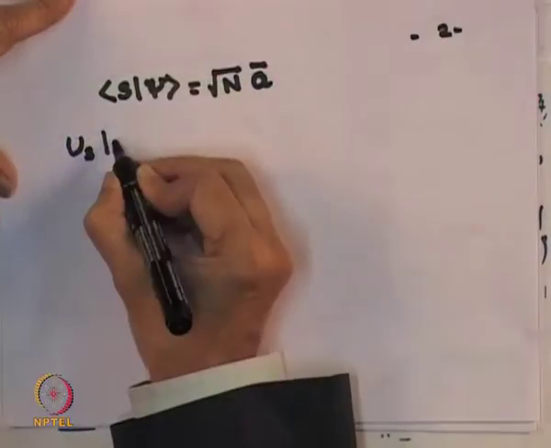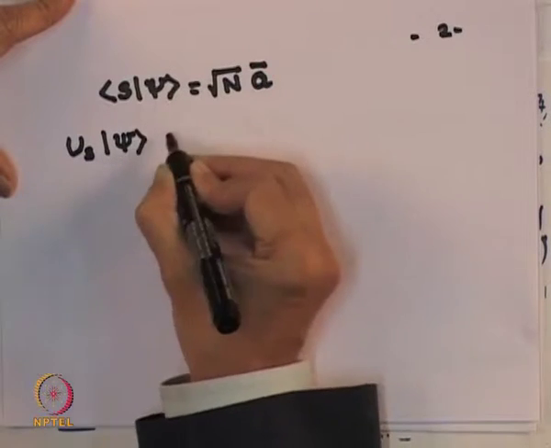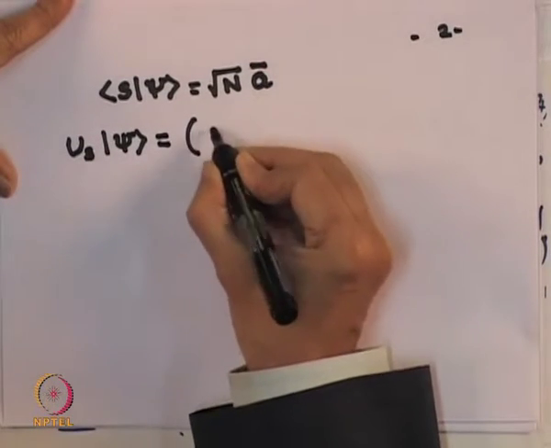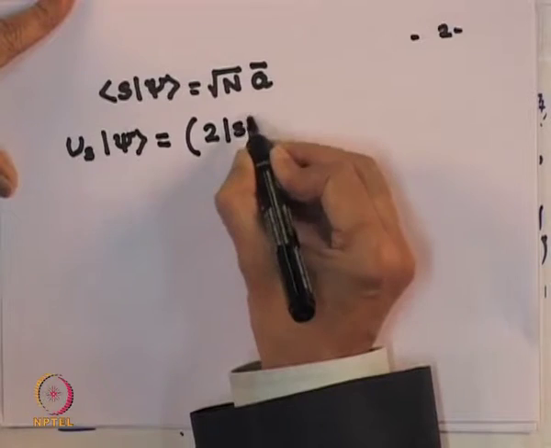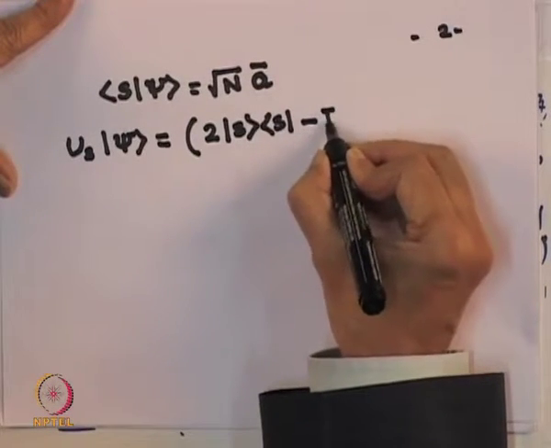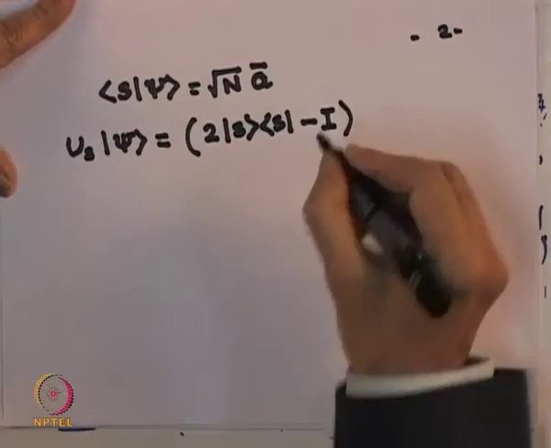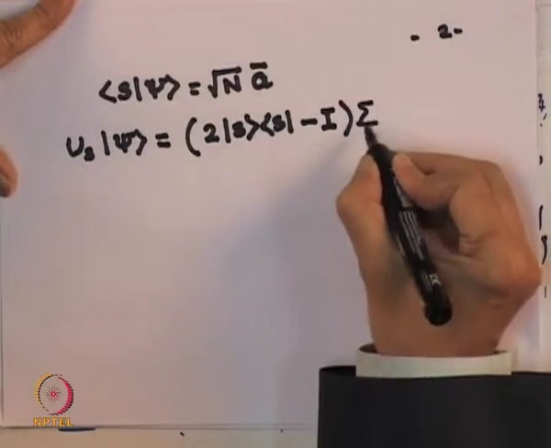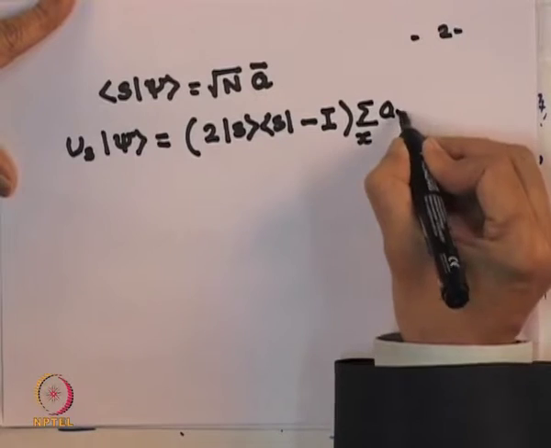Now let us look at what Us acting on psi gives me. Our definition of Us was 2 times S S minus identity, and this is acting on psi, which is the sum over x of Ax x.